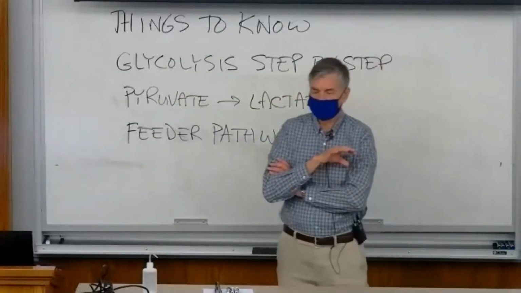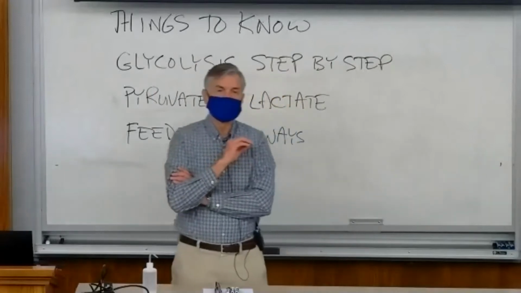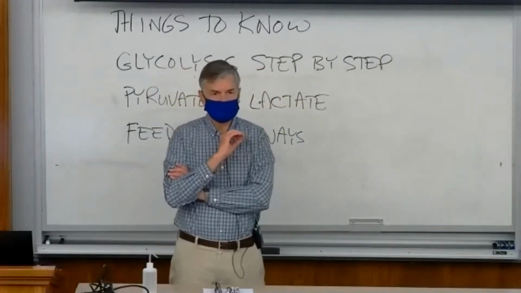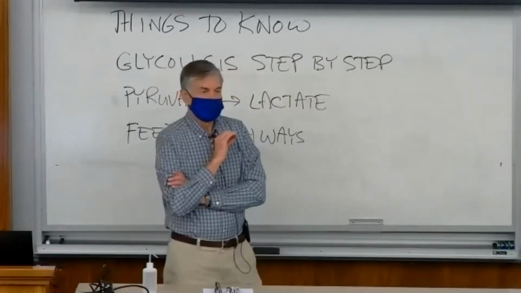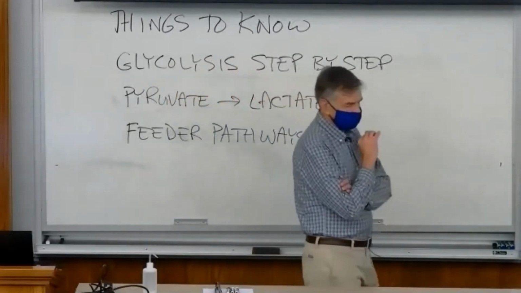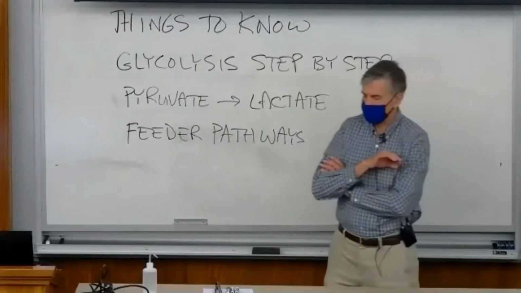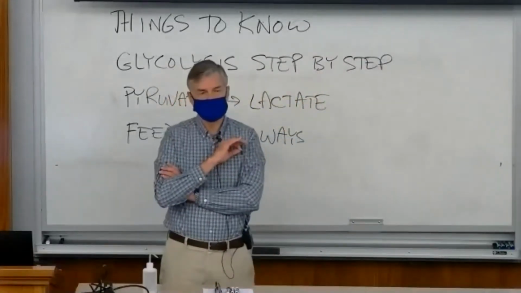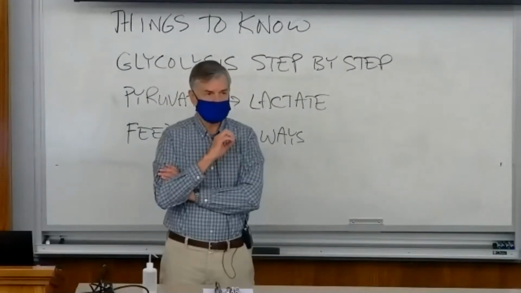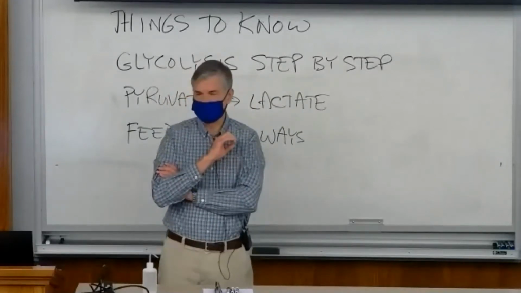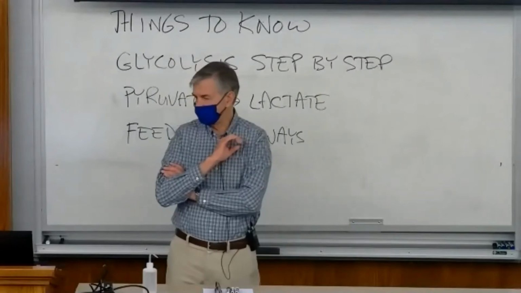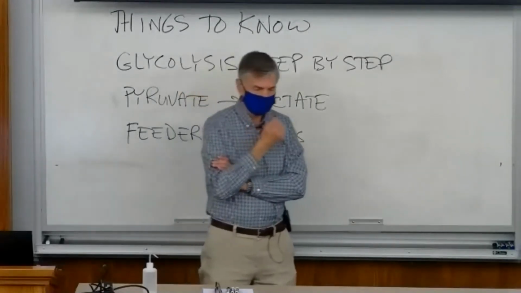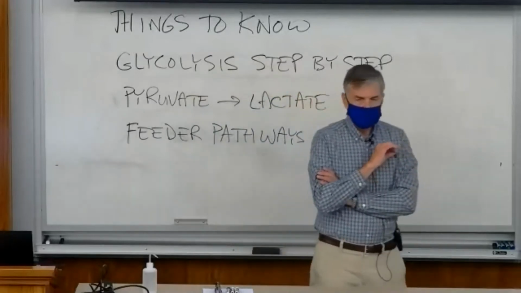Pyruvate is a molecule that is utilized further in the generation of ATP. And we will follow this process to the point that we actually look at the synthesis of ATP in the mitochondrial matrix. But for now, we are moving through glycolysis.